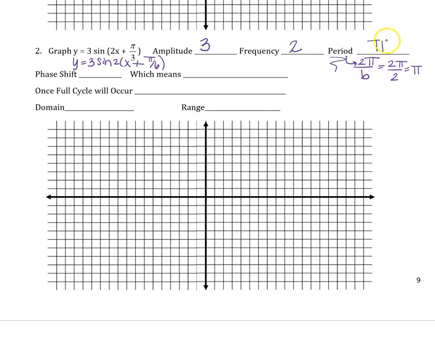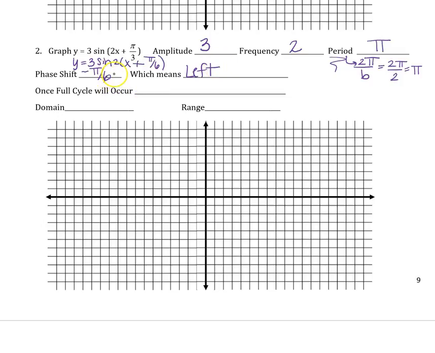So over pi units, I will see one cycle of sine. Now the phase shift, which is its horizontal shift, is determined by this number right here. It's going to be the opposite sign, so negative pi over 6, which means it's moving to the left.